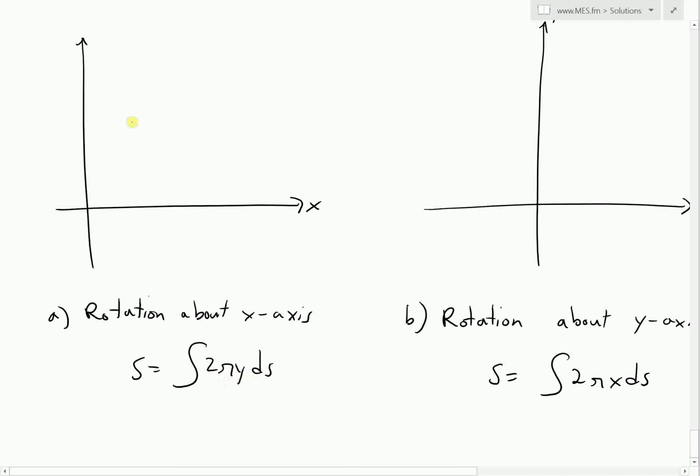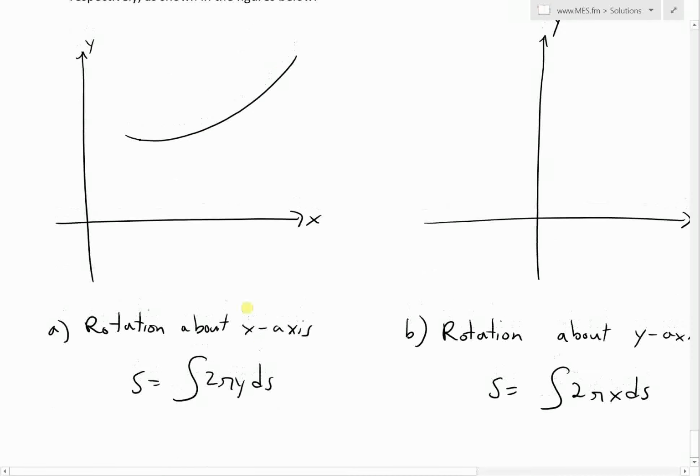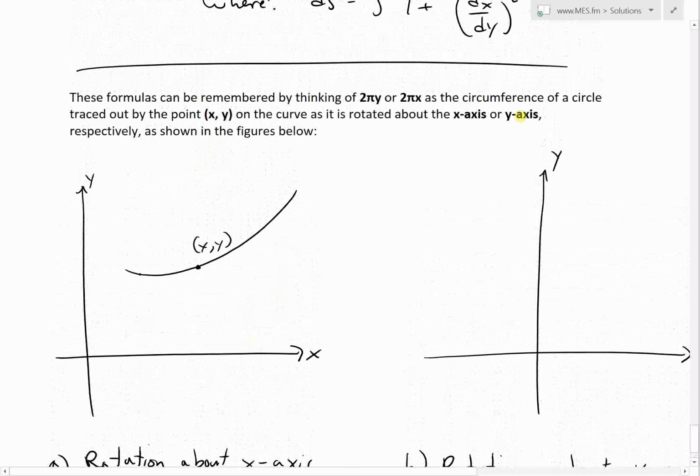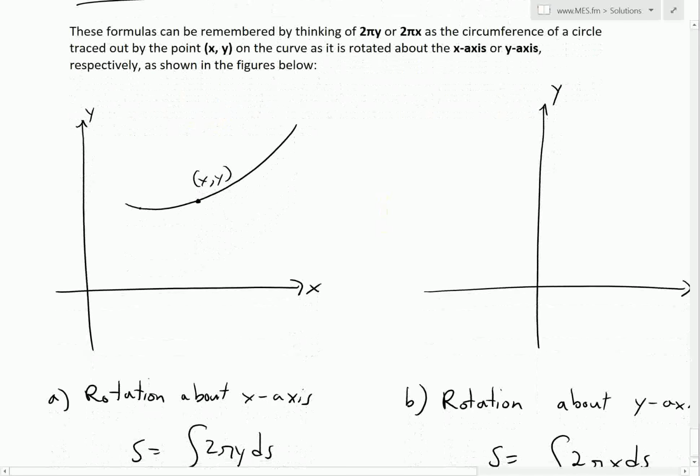So what I mean by tracing it out in the circumference: if this is the y and that's the x-axis, let's say we have a curve like this, and this is the point x, y. The circumference of a circle traced out by the point x, y.